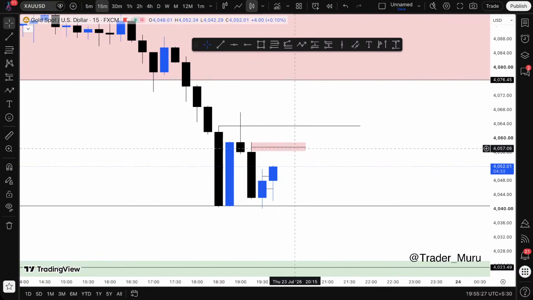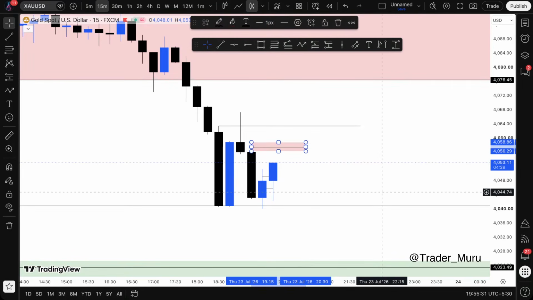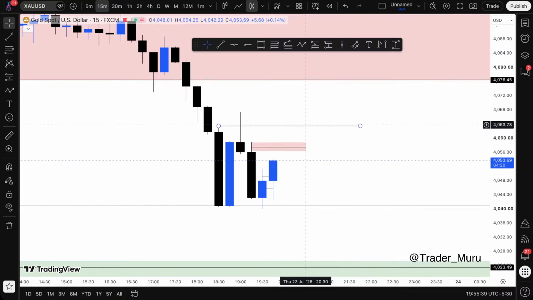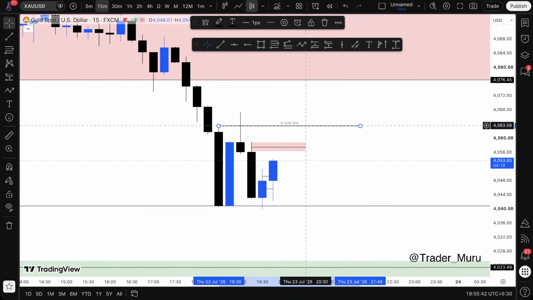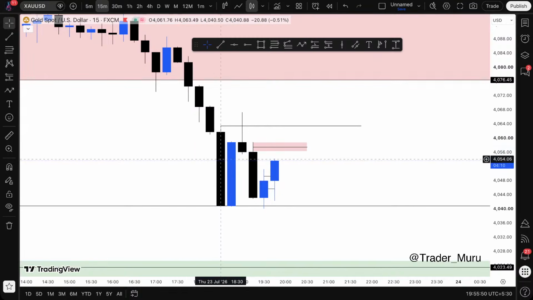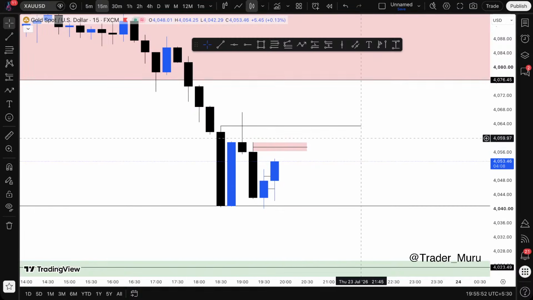Need sweep and close below. Worst case, price will keep ranging here.